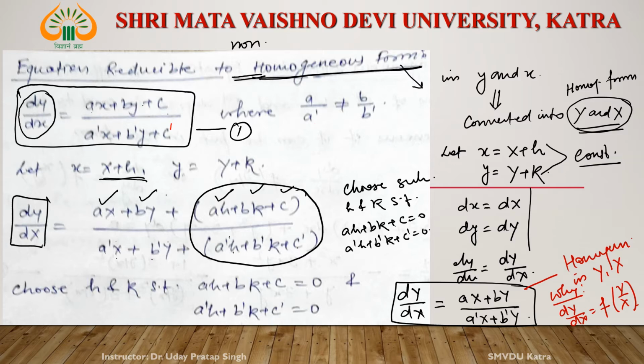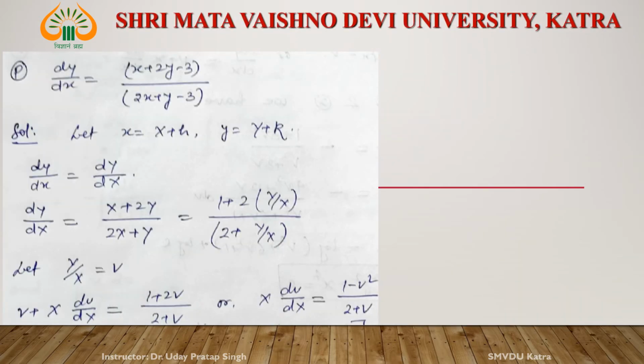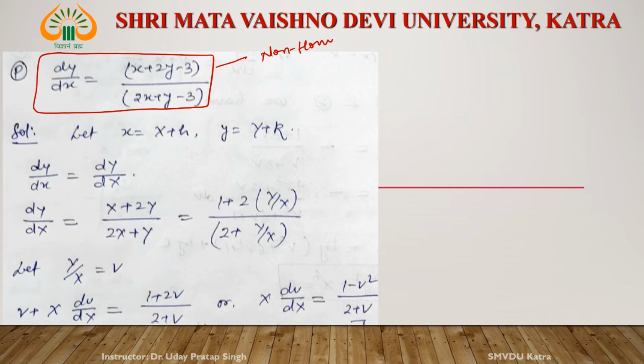Okay. So let us see some problems. dy by dx equals x plus 2y minus 3 over 2x plus y minus 3. Now, this differential equation is non-homogeneous. Remember, we are talking about the non-homogeneous differential equation of first order and first degree. Okay. So let us apply the transformation. Let small x equal capital X plus h and y equal capital Y plus k.